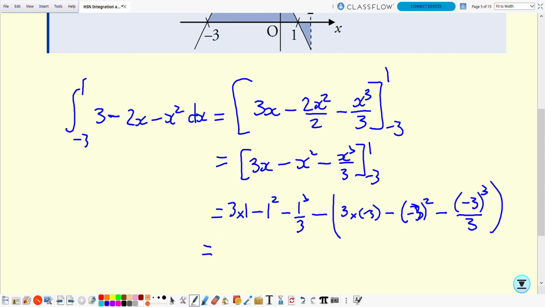So this bit out with the brackets, you've got 3 minus 1 minus a third, and then within your brackets you've got minus, this first bit comes to 3 times negative 3 is negative 9. Your next bit, you've got negative 3 squared, which is positive 9, so you've got another minus 9. And then this bit here, you're going to have minus 3 cubed, that is negative 27, divided by 3 is negative 9.